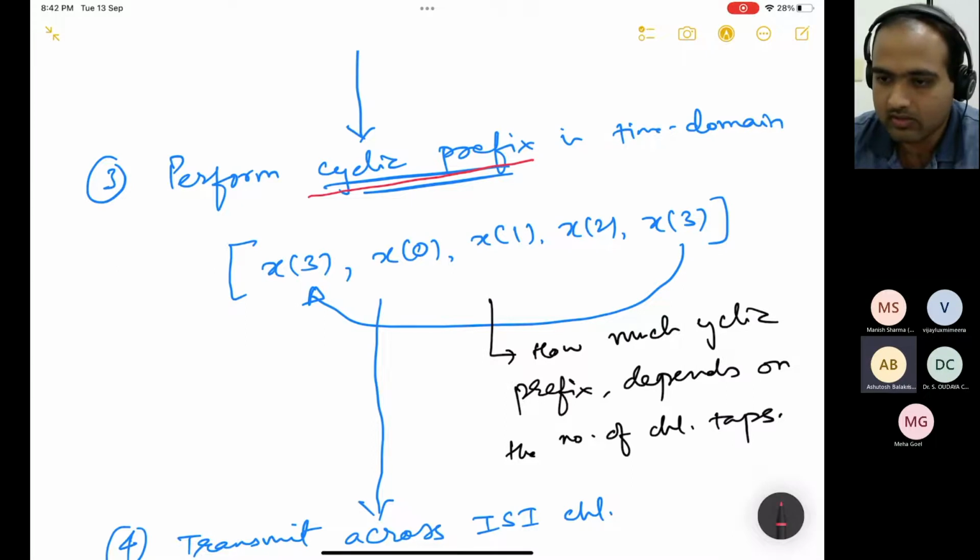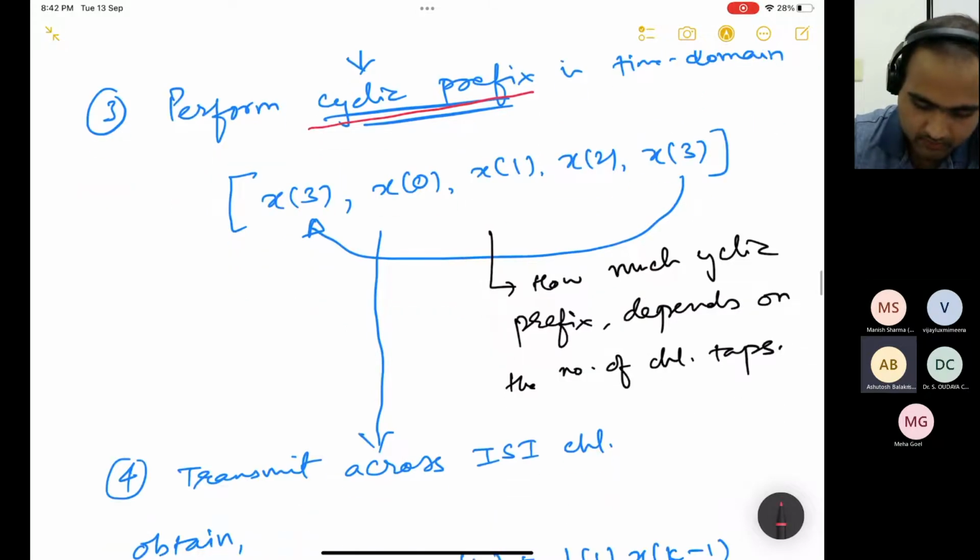If we are doing a time domain equalization, then as we saw in the previous week, we need the cyclic prefix so that the prefix gets corrupted with the intersymbol interference. Even if my block which contains the cyclic prefix gets corrupted, the actual message does not get corrupted, and only the prefix gets corrupted.